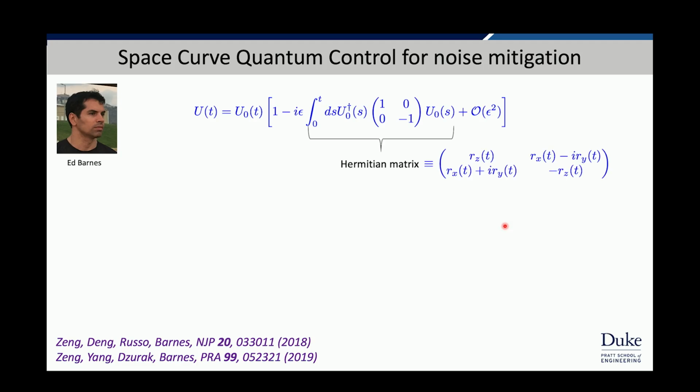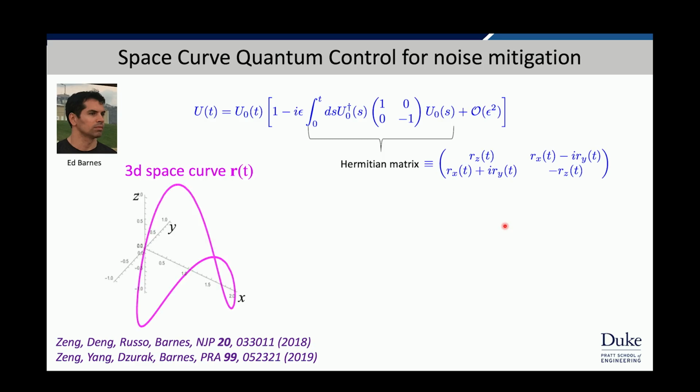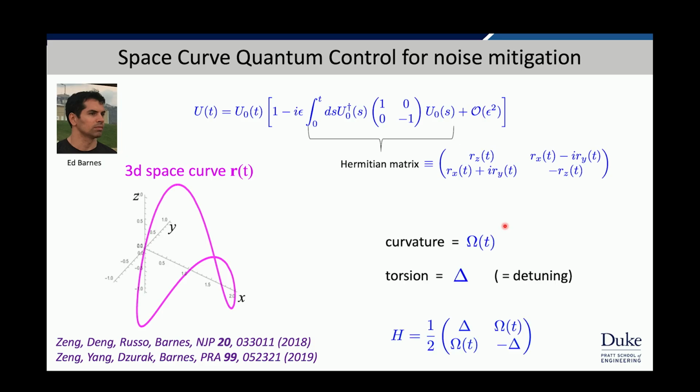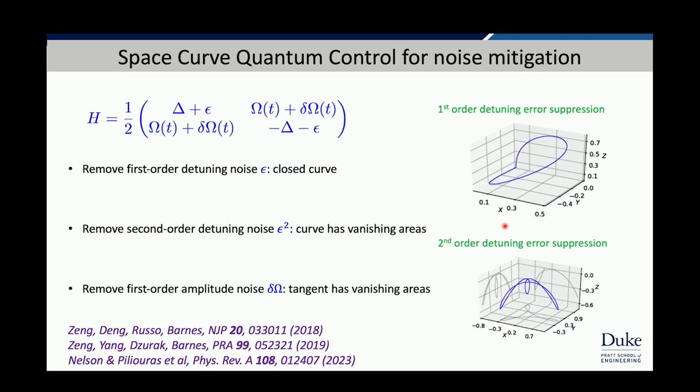So Ed has a nice set of work where he starts from just thinking about the curve, which is the control in 3-dimensional space. The key components are the curvature, which is set by this control, and the torsion, which is, say, the detuning. And so you have the same key feature, which is, if I look at the error in time, it also has to form this loop.